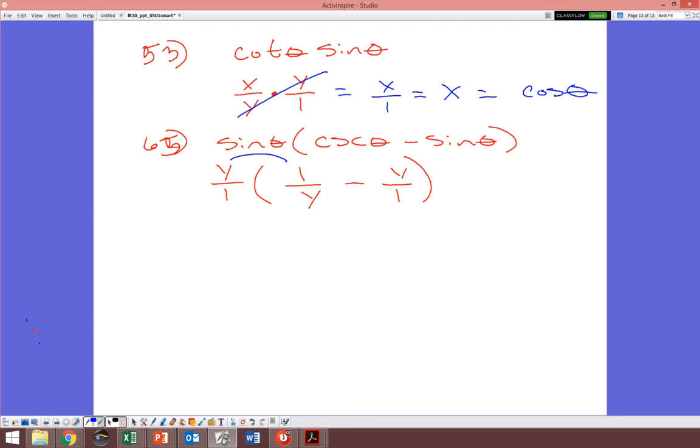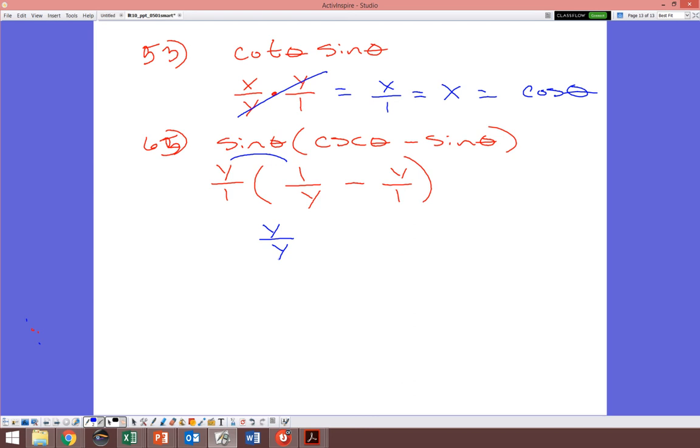So for this one right here, I have to distribute. When I distribute here, y times 1 is y. 1 times y is y. y over y gives me, y squared? It's just going to be 1, right? y divided by y gives me 1. So right here it's y over y.